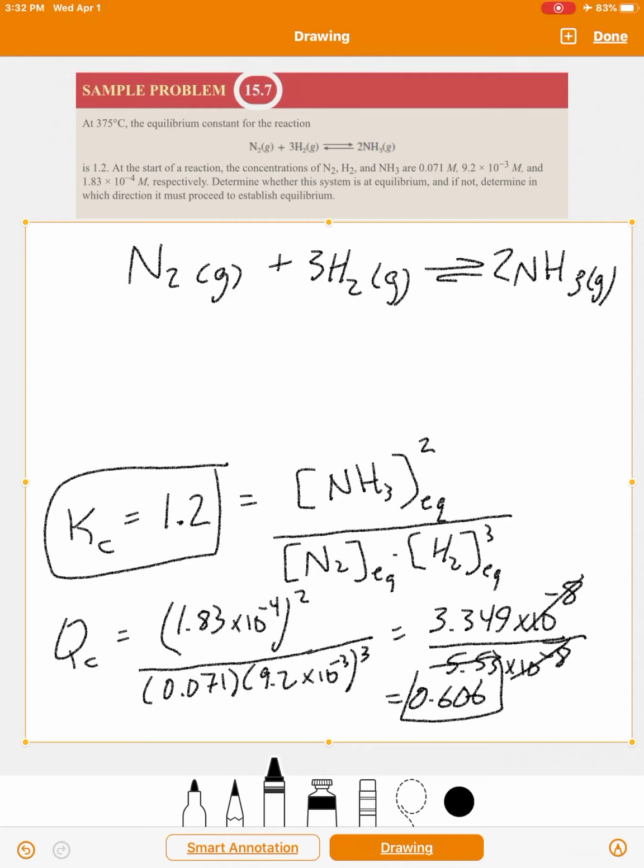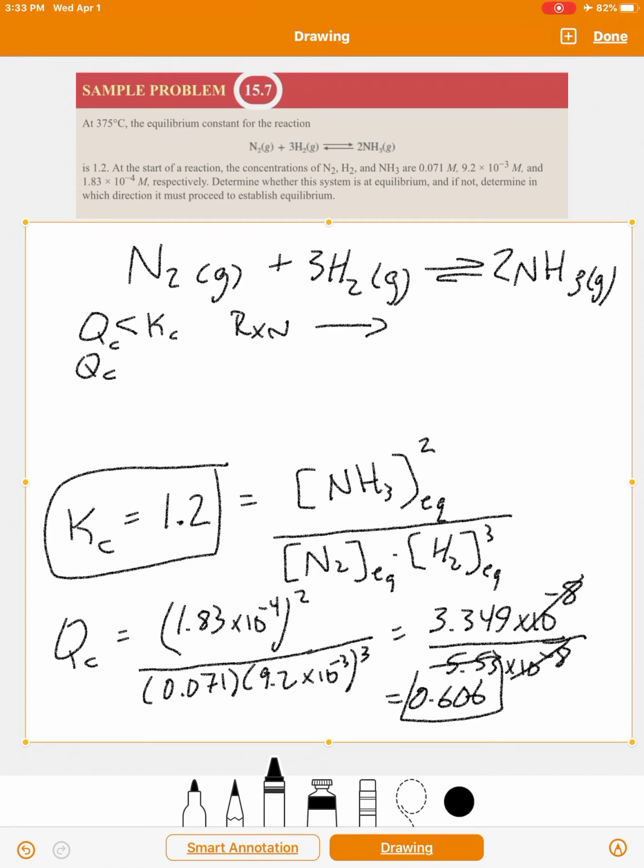So if we recall back in sample problem 15.6, the idea is that if Q is less than K, then the reaction goes to the right.